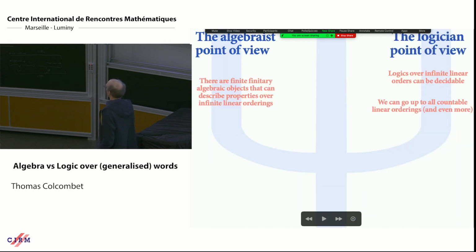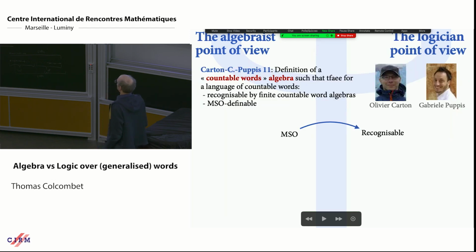So what we have here is that now the algebraic point of view is able to capture infinite linear orders or infinite objects. This is something we've done with Olivier Carton and Gabriele Poupis. We've somehow extended the approach of Pin and Perrin and made it match with the paper of Sheila.